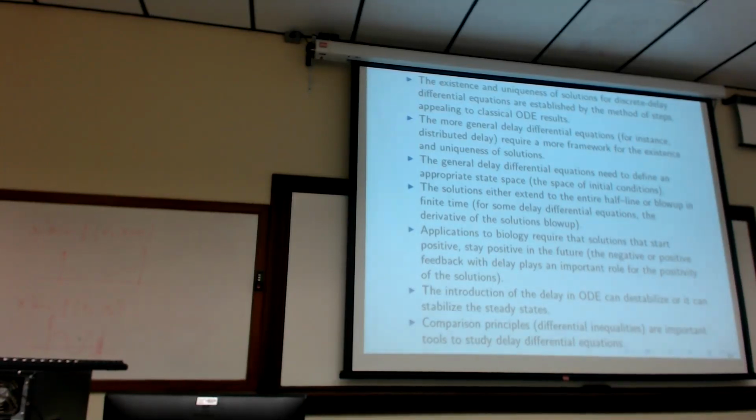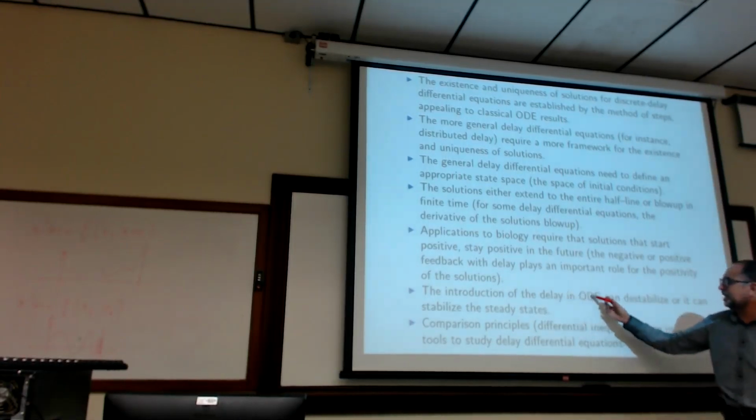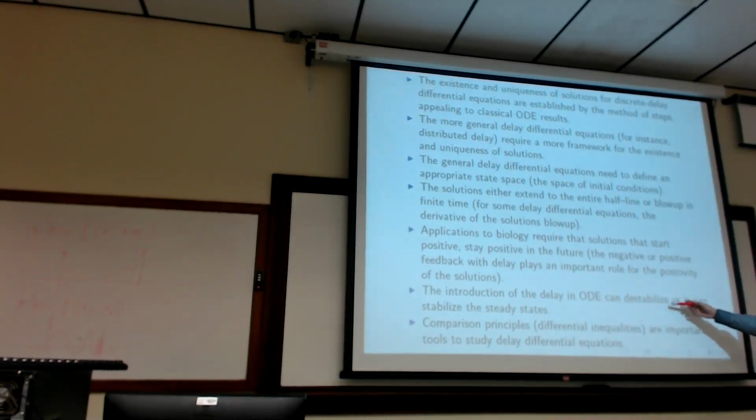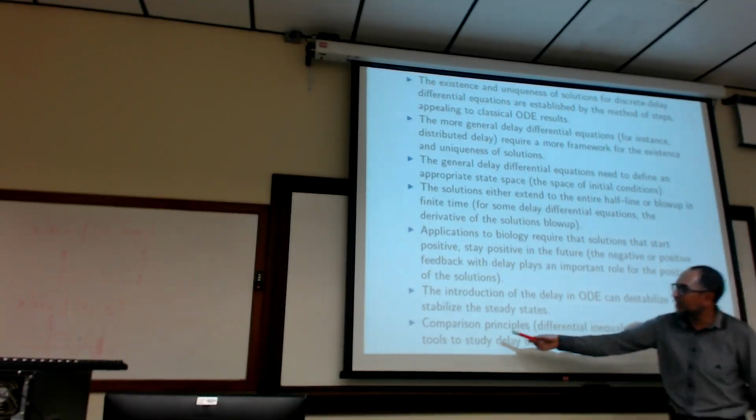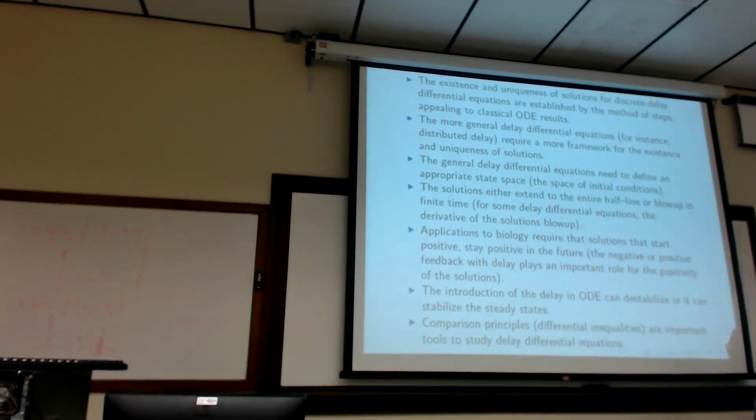There is a general result that's very easy to use. The introduction of a delay, if you have an ordinary equation, can make the steady state stable, or sometimes unstable. You can have both. In most examples it makes the steady state unstable, but there are other examples where it was unstable and it becomes stable.